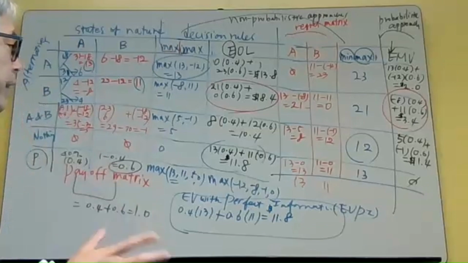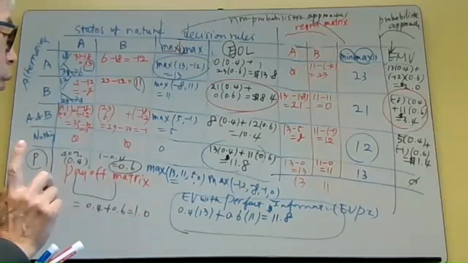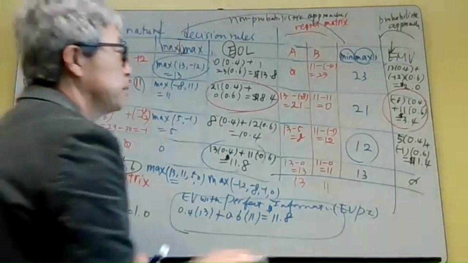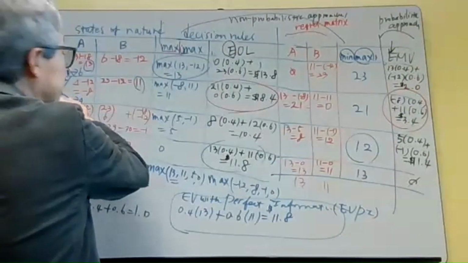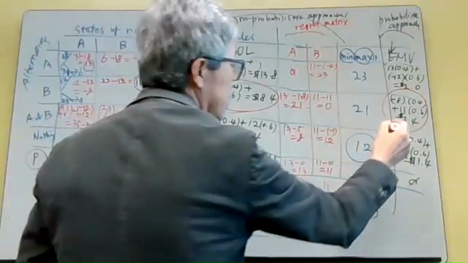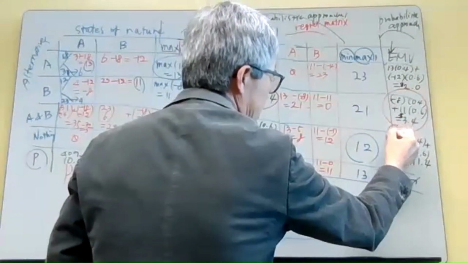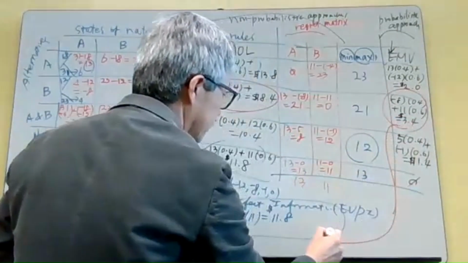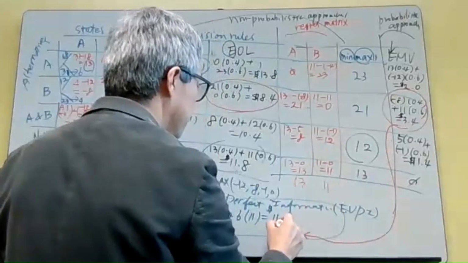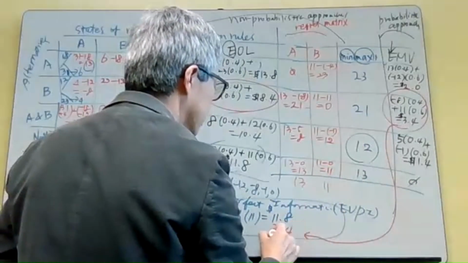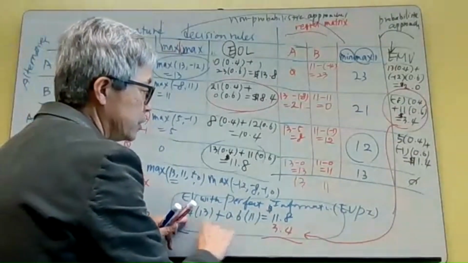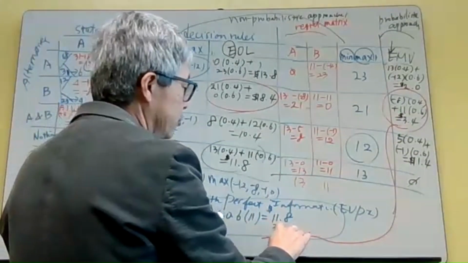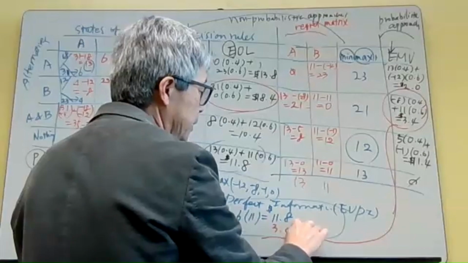So the expected value with perfect information will be $11.8 million. Without perfect information, we used expected monetary value, so we knew decision B is our best, and your expected monetary value will be $3.4 million. Now you see, with perfect information, your expected value will be $11.8 million.